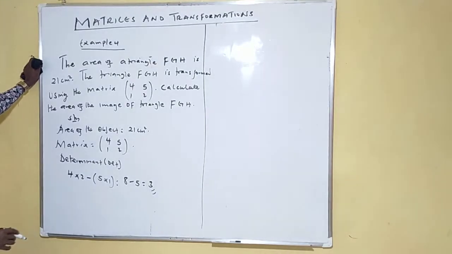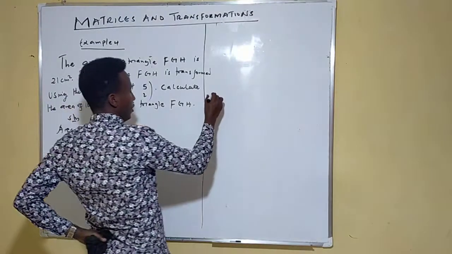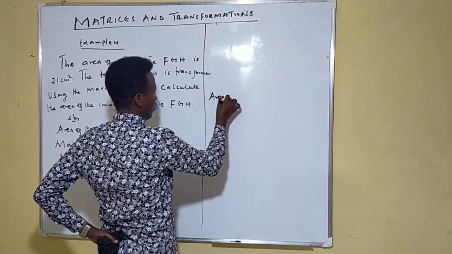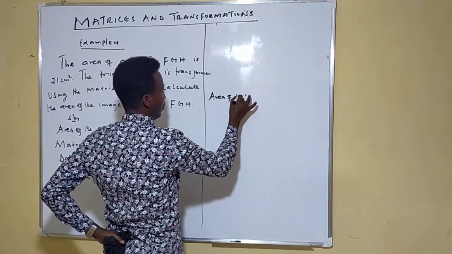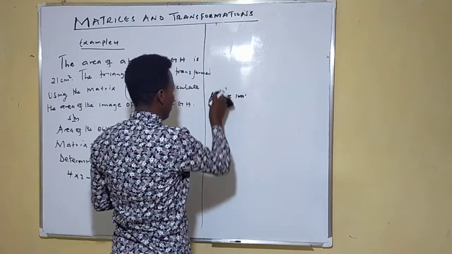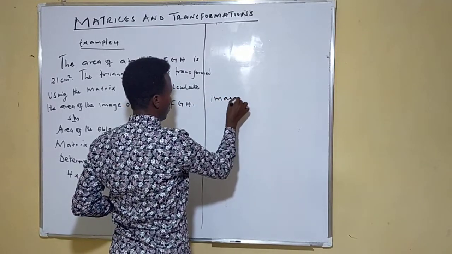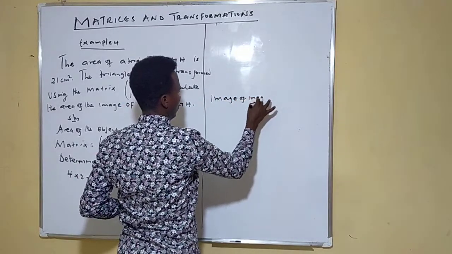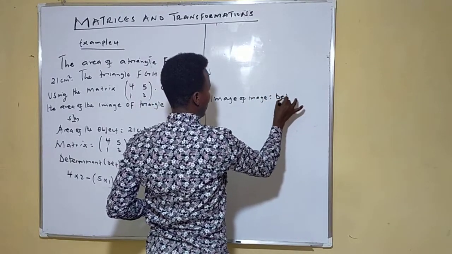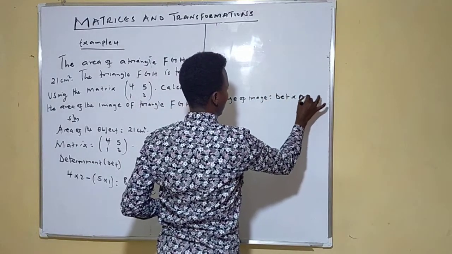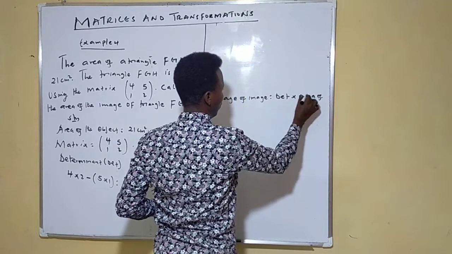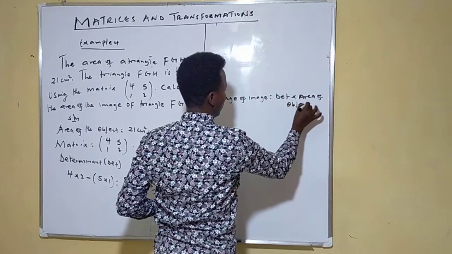But we know that area of image is equal to determinant times area of object.